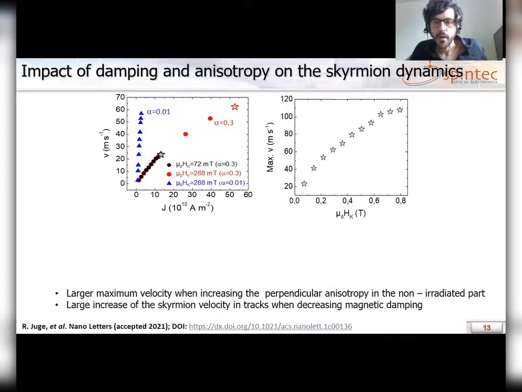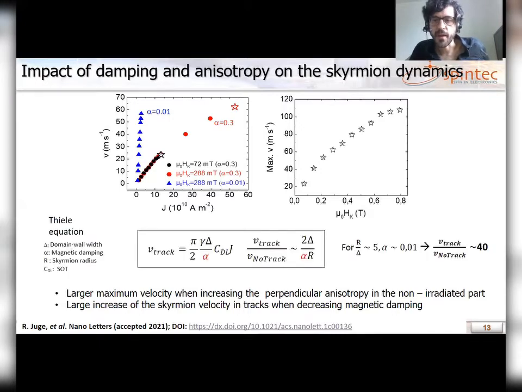However, the maximum velocity attainable before the ejection of the skyrmions is not significantly affected by this damping. To explain this result, we have considered a simple analytical model based on the Thiele equation.